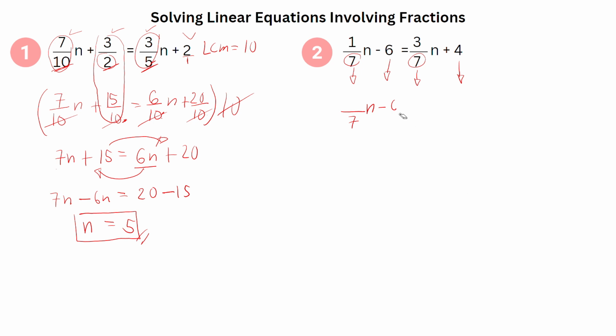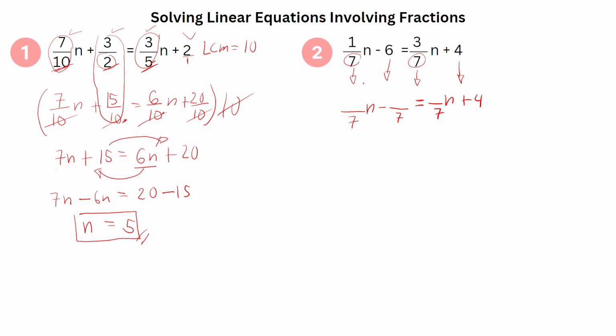This one. I'm so careful in writing because it's hard to erase in PowerPoint. Anyway, let's proceed. Again, your goal is to convert all of them into a fraction with denominator 7, equals over 7 and then n plus 4.